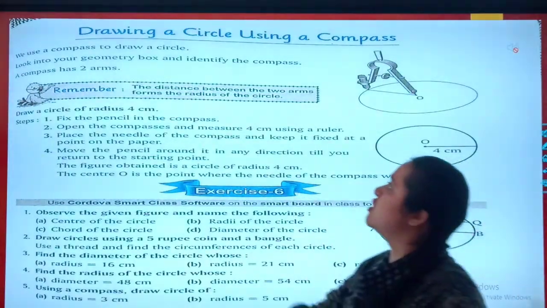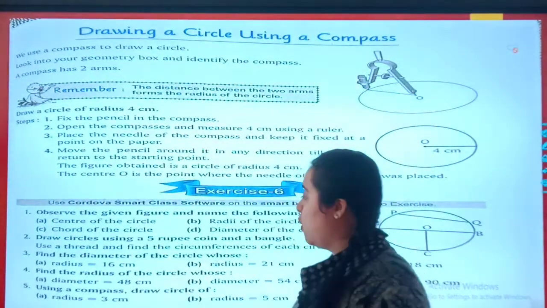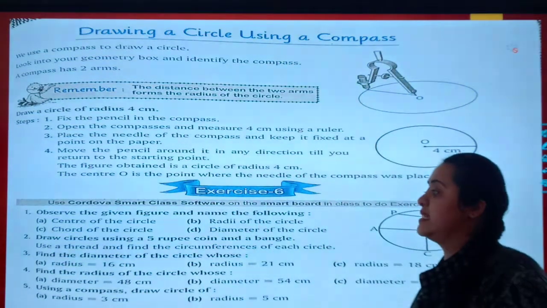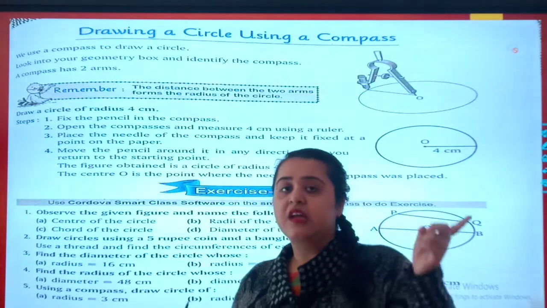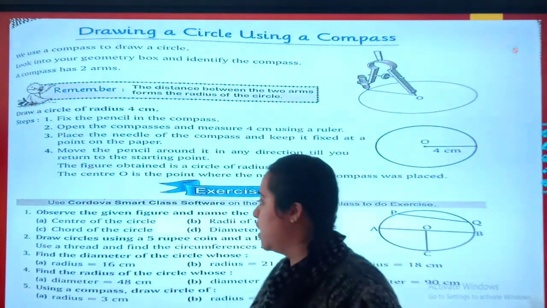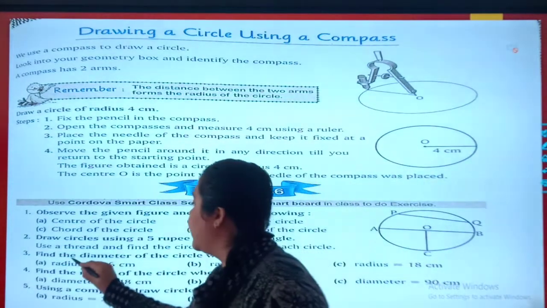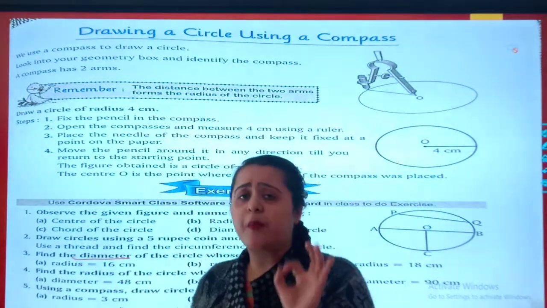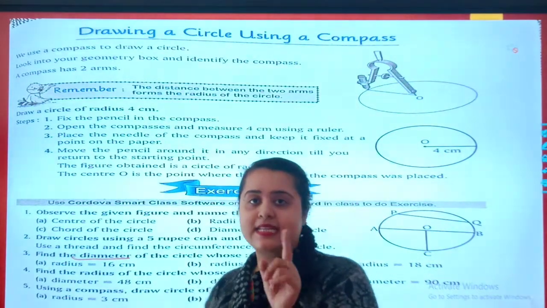Now let's turn the page. We have also seen how to draw a circle using a compass, and now we will be discussing this. See, first question and second question we have done. Now we are on question number 3. Find the diameter of the circle. It is properly given in the question that you are supposed to calculate the diameter.